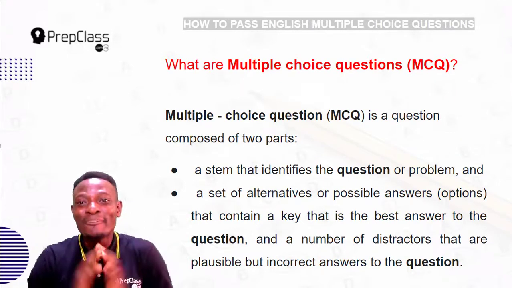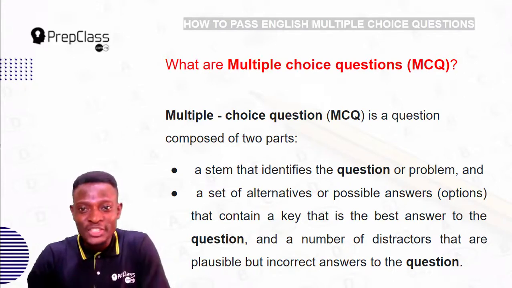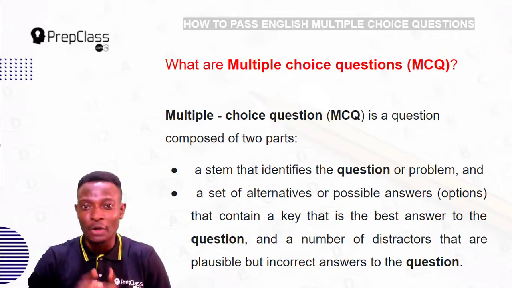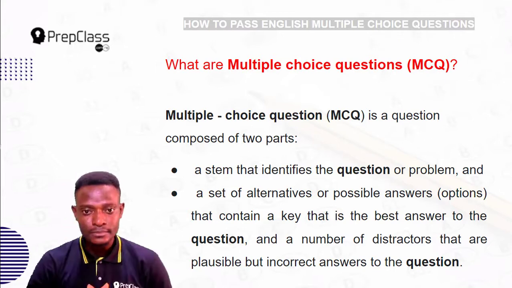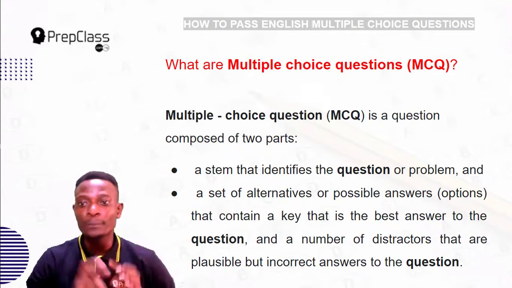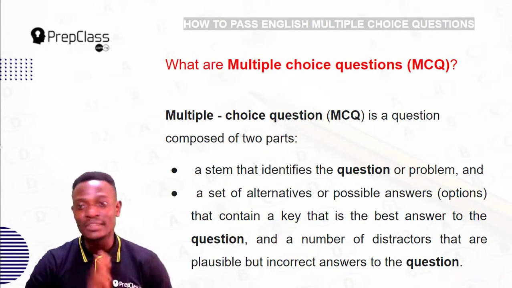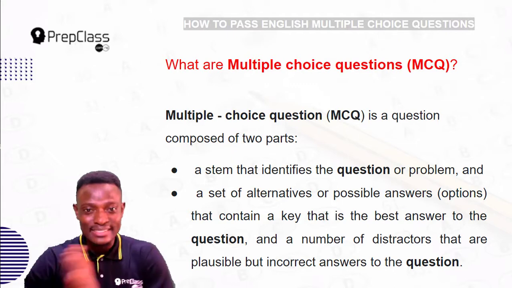Now, what are multiple choice questions? MCQ. Now, multiple choice question is a question composed of two parts. The first part is a stem that identifies the question or problem. Something like, which of these is not a type of a noun? That is a stem.